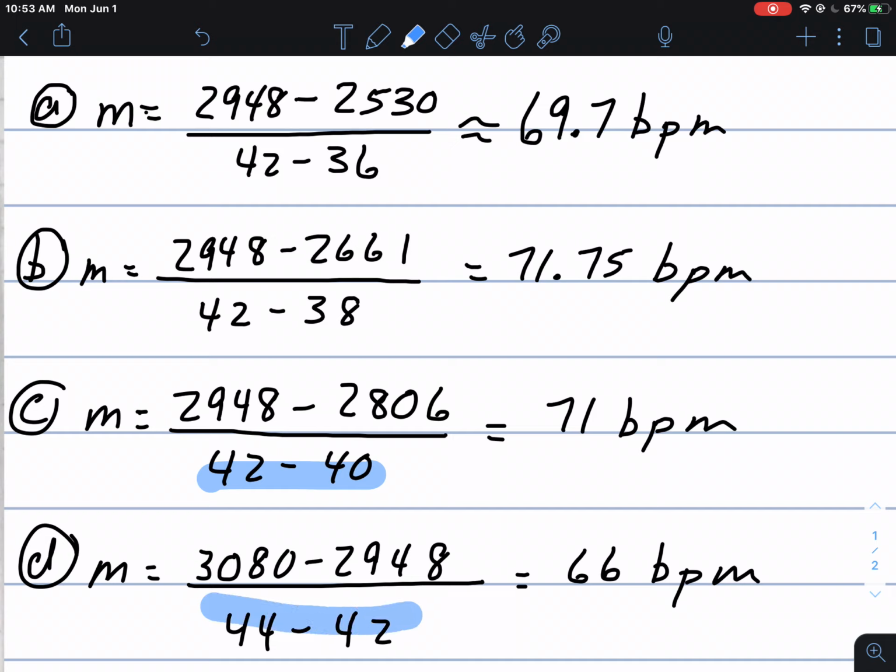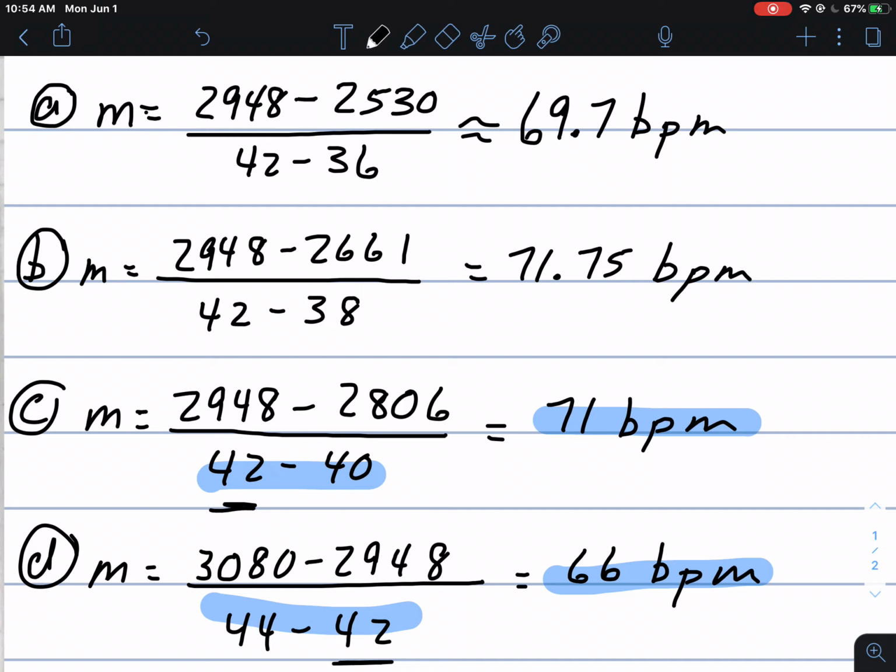And let's look at what happens on this side of 42, from 42 to 44. So on the interval from 40 to 42 minutes, we come up with an average heart rate of 71 beats per minute. On the time interval from 42 to 44 minutes, we come up with an average heart rate of 66 beats per minute. So what that tells me is that at 42 minutes, at that specific point in time, the heart rate has to be between 66 and 71 beats per minute.